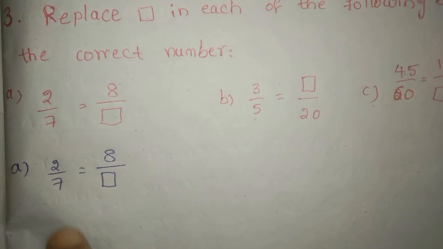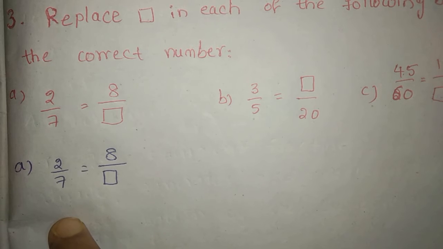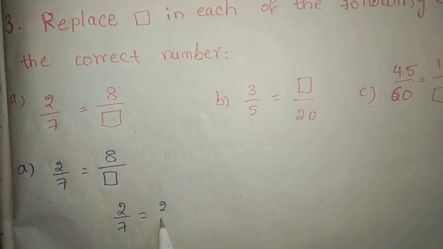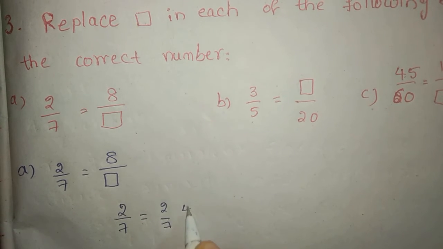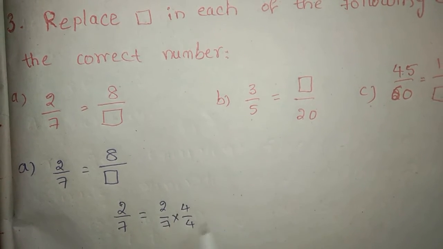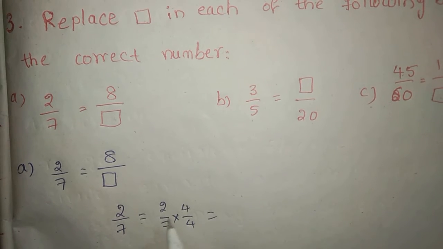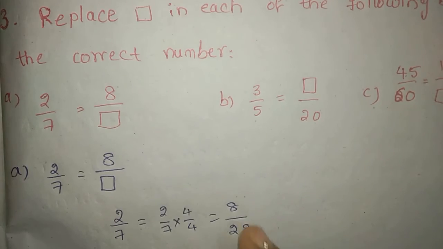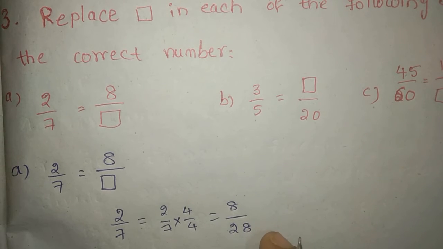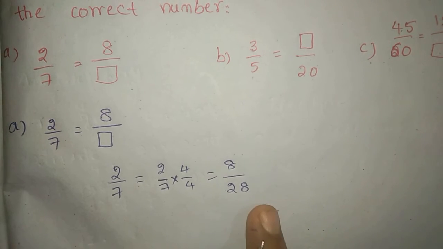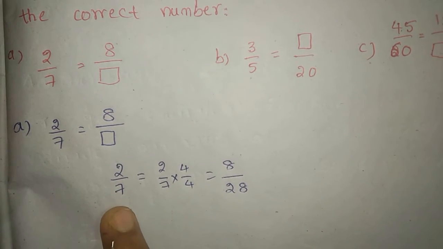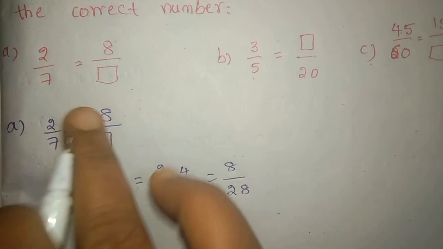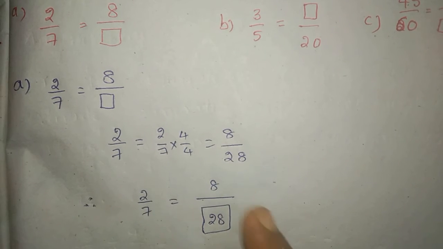So both numerator and denominator are multiplied by the number 4. 2 by 7 is equal to 2 by 7 into 4 by 4. It is equal to 2 4s are 8, 7 4s are 28. Then we get 8 by 28. So the equivalent fraction of 2 by 7 is 8 by 28. Then the box is 28.